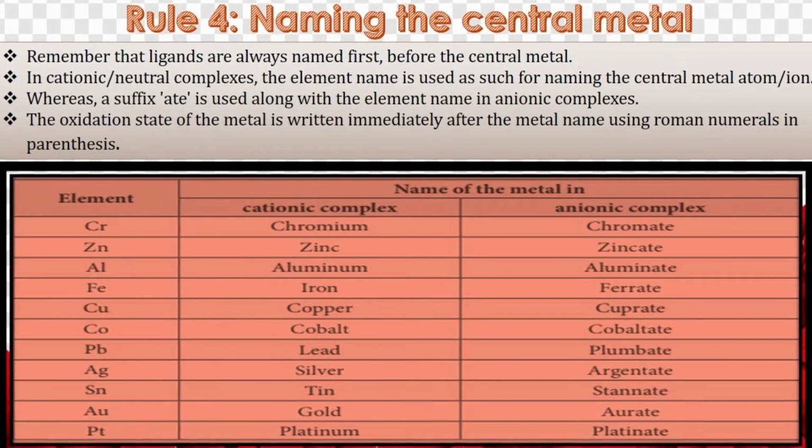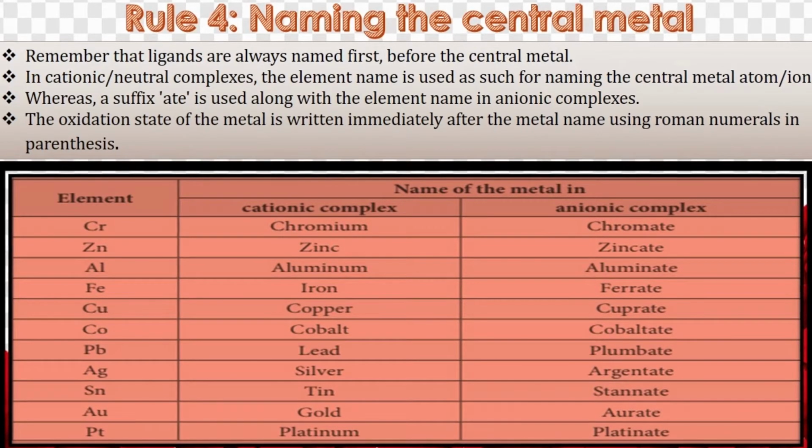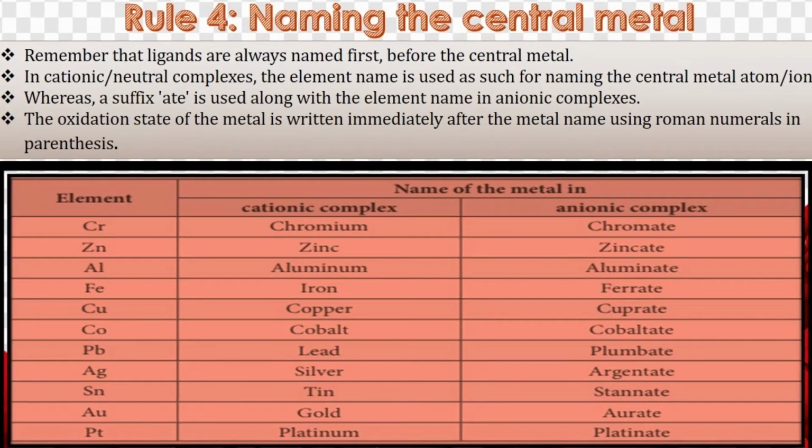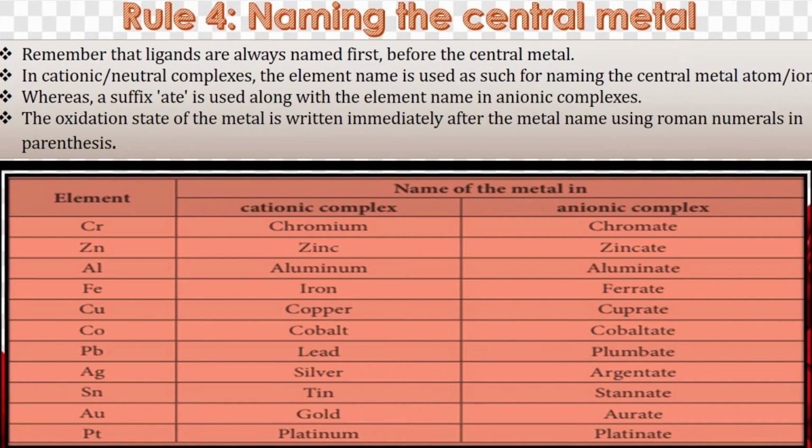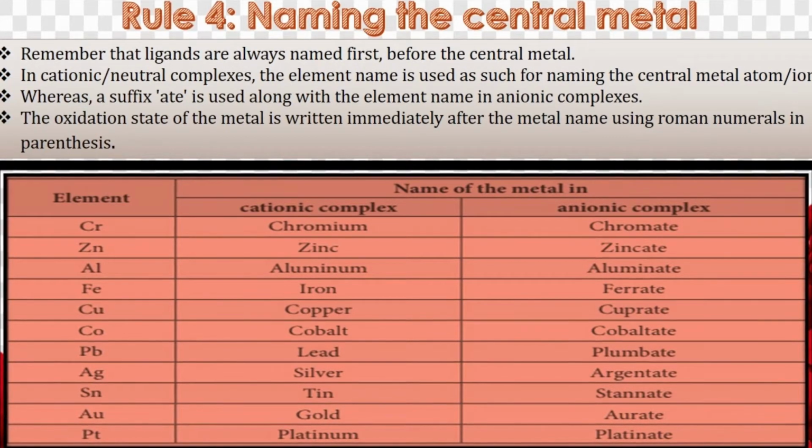So in an anionic complex, chromium will be named chromate. Similarly, zinc will be named zincate. Iron will be named ferrate. Copper will be named cuprate.